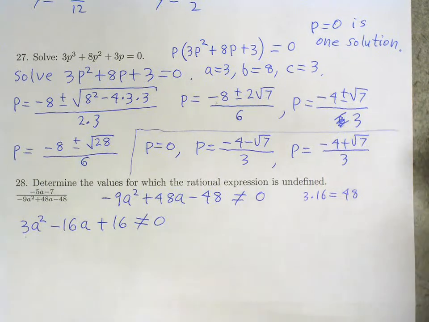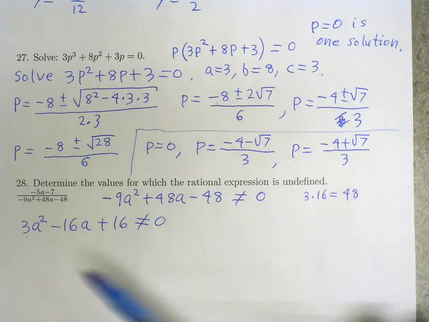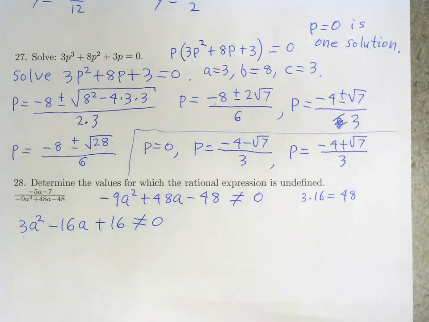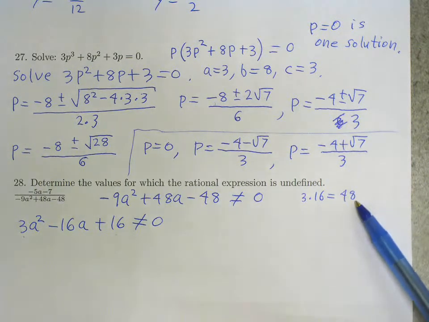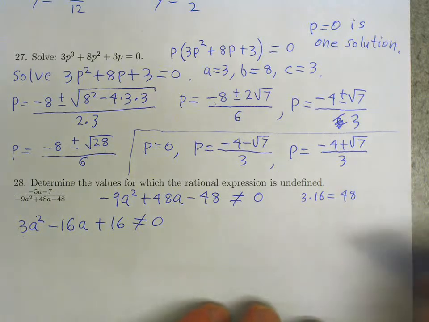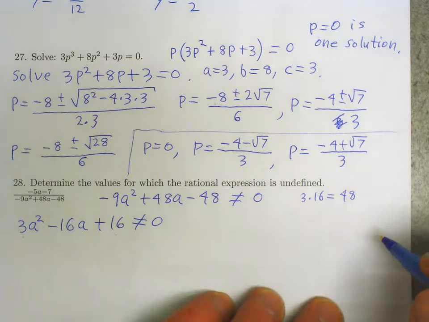And we want to find two integers that have a product of positive 48 and a sum of negative 16. If the product of two numbers is positive and the sum is negative, then the two numbers have to be negative. So let's go through the systematic process.